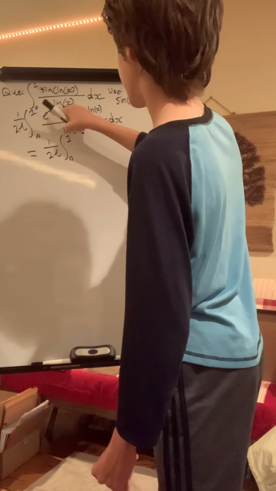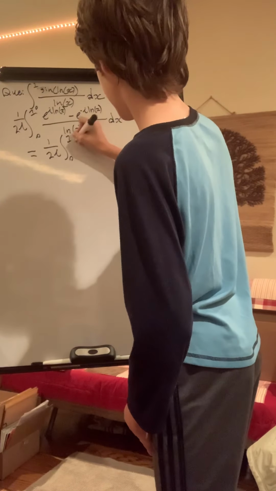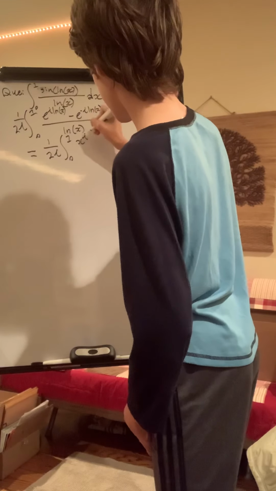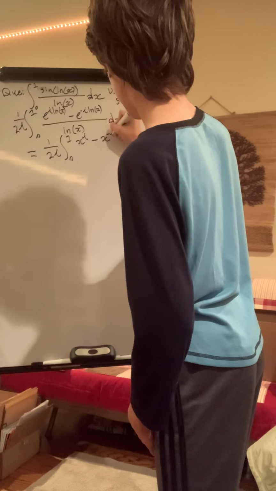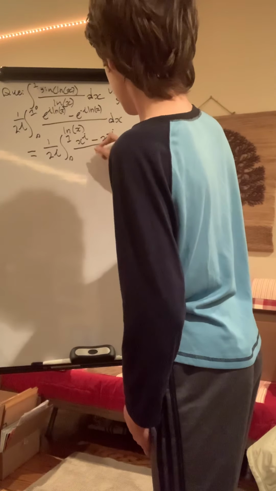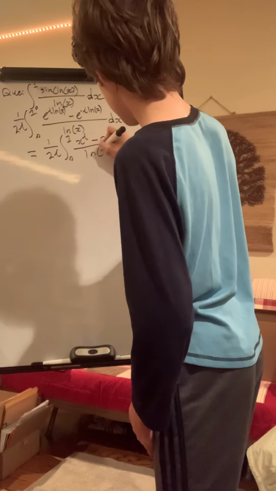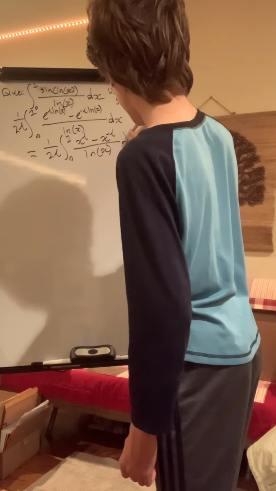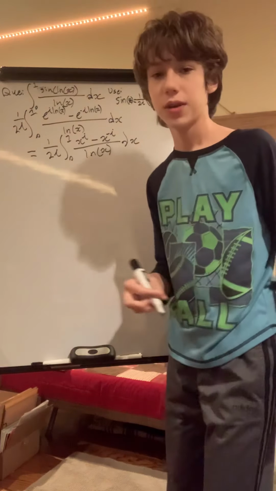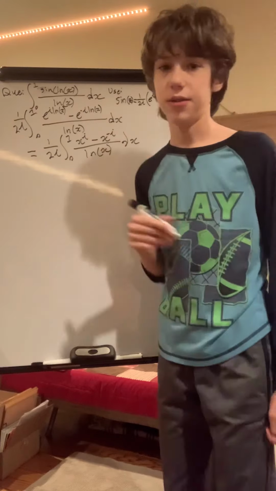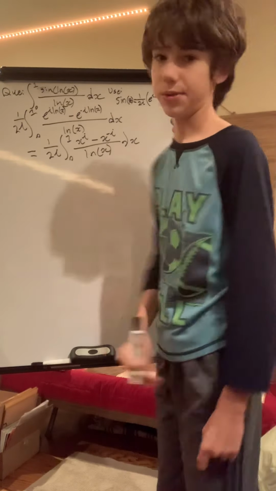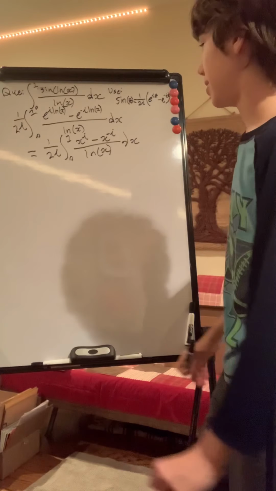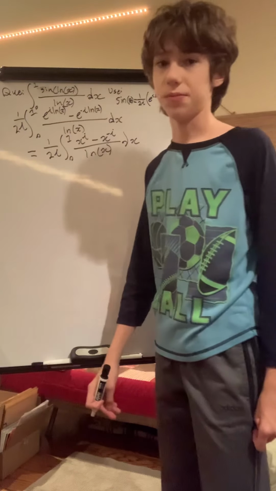So the e and the ln cancel, and we basically just have x to the i minus x to the negative i over ln x. This would be really easy to integrate, since i and negative i are constants. If the ln x wasn't there, then we could easily integrate this, right? Sadly, we have this ln x there.